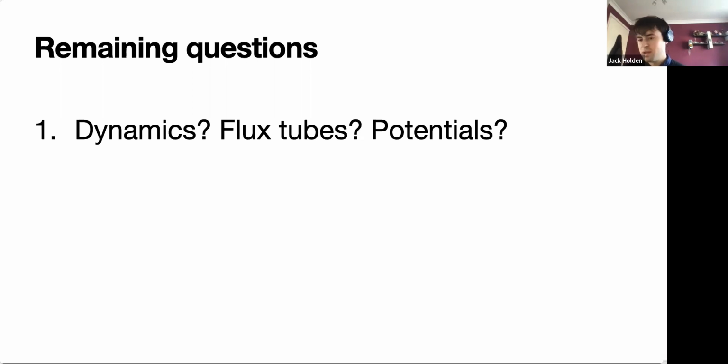So these are some questions which haven't so far been answered in this story. A very natural question is to think about what the dynamics of the theory might be. What do flux tubes look like in the partially confined phase? And what about their potentials between quarks and particles, since everything so far has been kinematic?